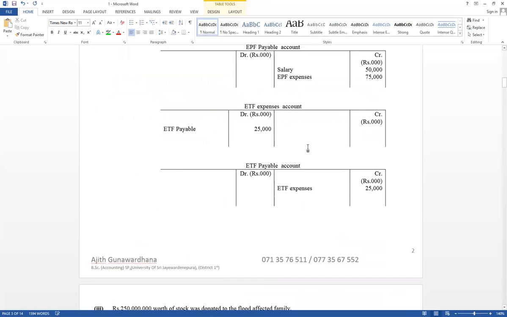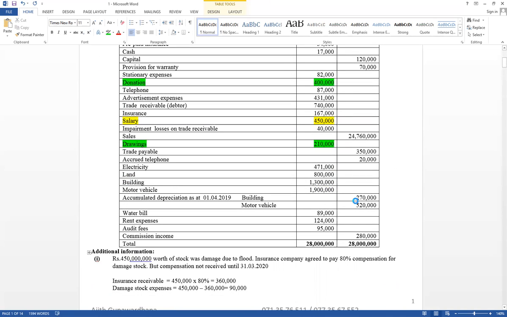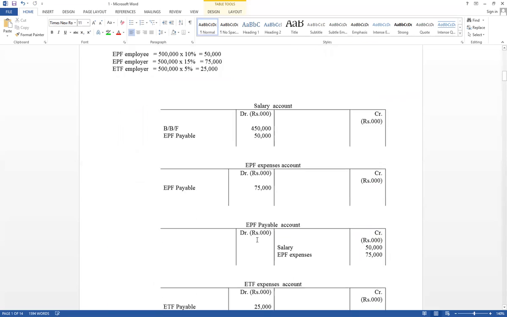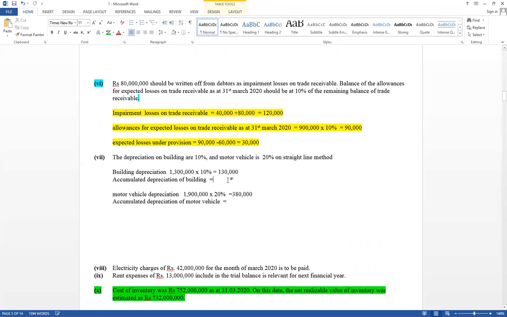Accumulated depreciation is given in the trial balance. Building 270, motor vehicle 520. That is the opening balance plus annual depreciation. Annual depreciation is also calculated.